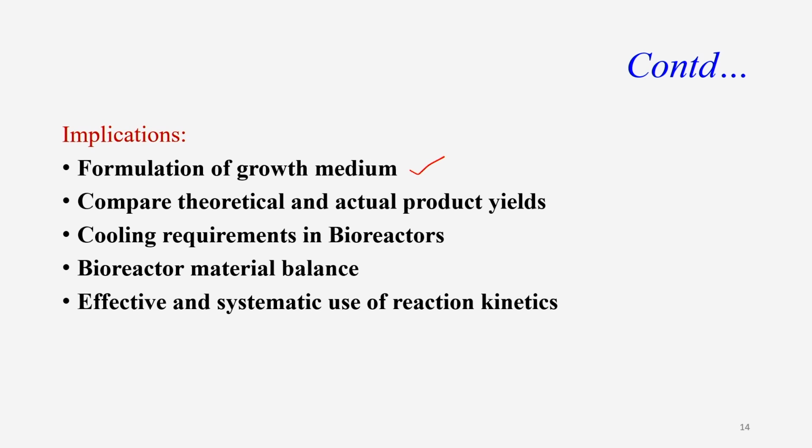And once you have this stoichiometry equation, and if you can balance it, then you should be able to calculate the theoretical yield and compare it with the actual or the experimental yield. This stoichiometry reaction is also needed to determine the heat transfer requirement. In addition, if you have the stoichiometry, one should be able to analyze the reaction kinetics.